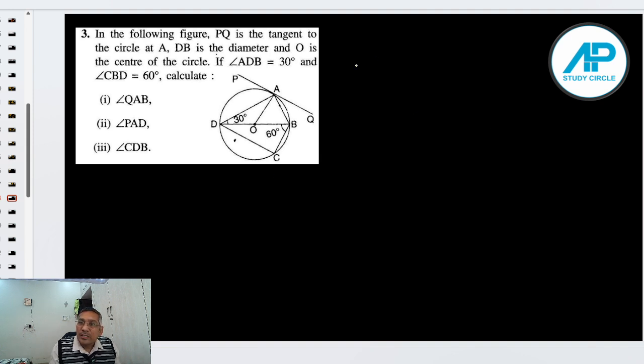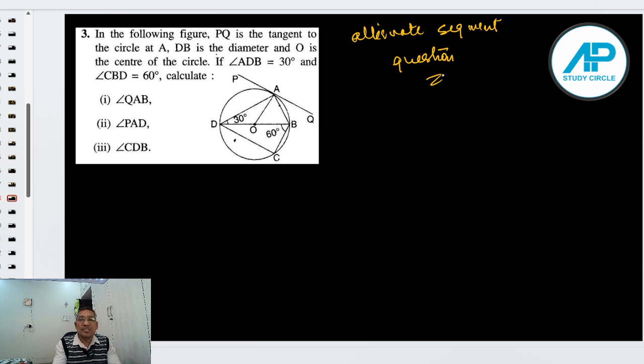Now this question is actually an alternate segment question. Please see what it indicates. So you got angle PAQ as tangent, AB is a diameter. So here ADB is 30. You see very carefully, this PA is the tangent, right?